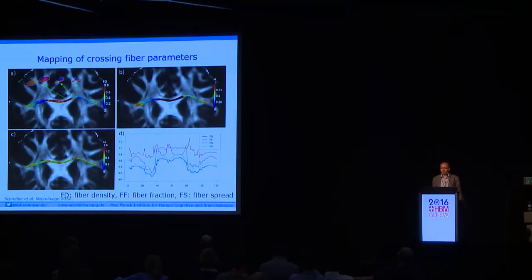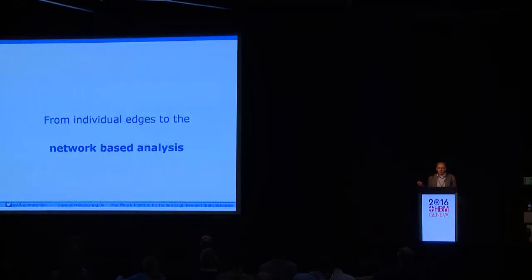And we see here, for example, that the fractional anisotropy in these crossing areas just drops dramatically. But this is caused by the fiber fraction, so a lot of fibers in the secondary directions, and also a strong increase in the spreading of the fibers in this area.